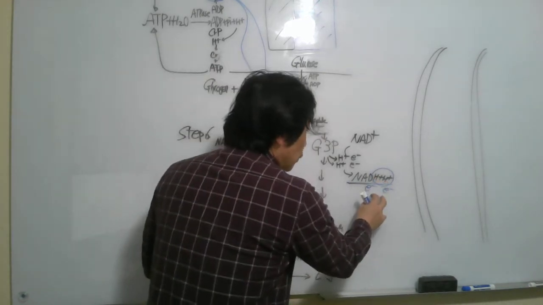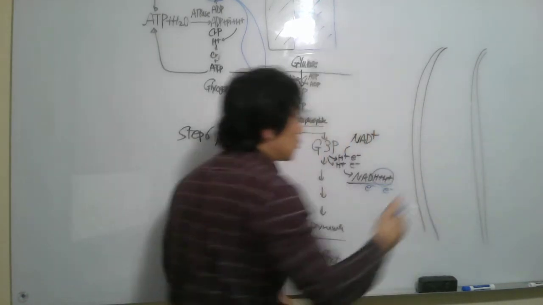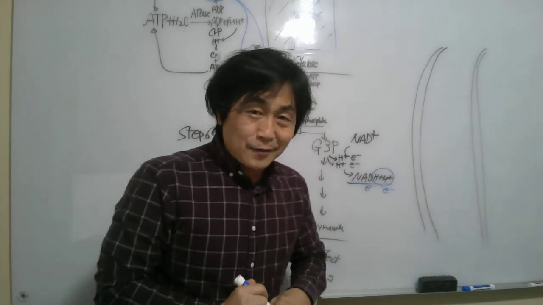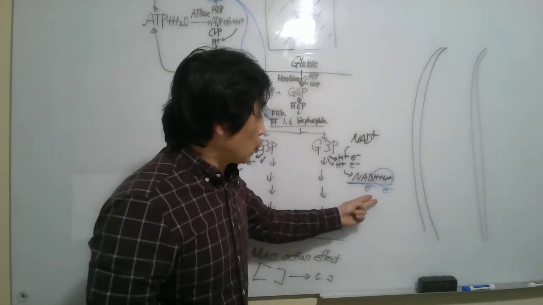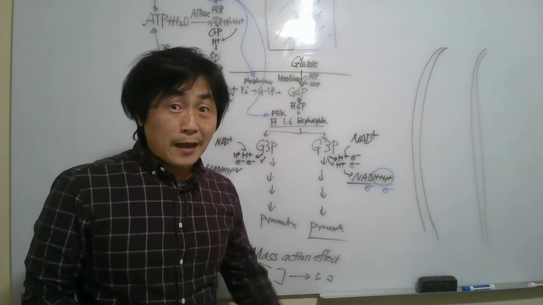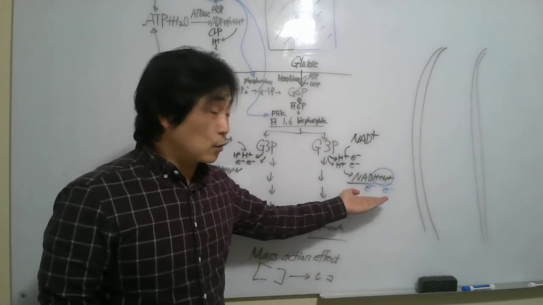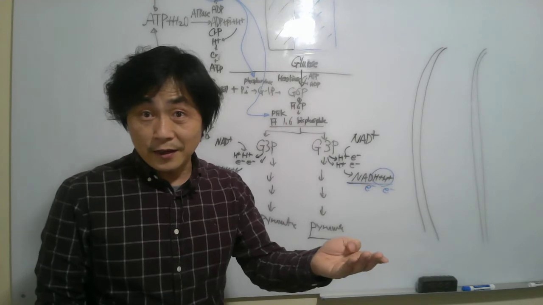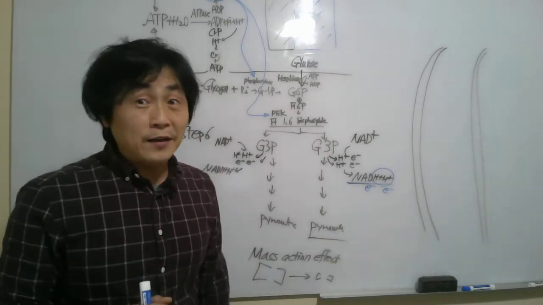These 2 protons, 2 electrons should enter the mitochondria. Why should they enter? Can you guess? Is there anything waiting for these two protons, two electrons in the mitochondria?